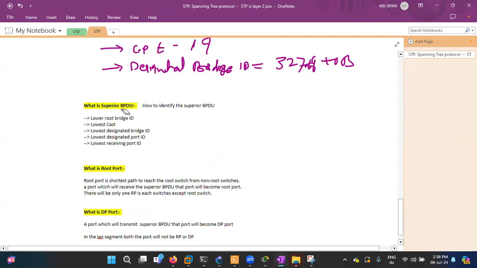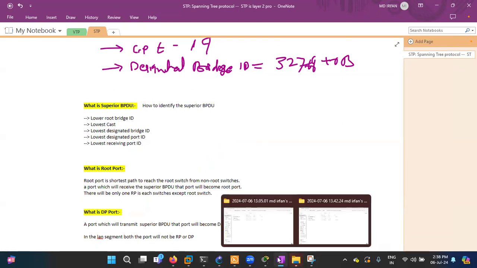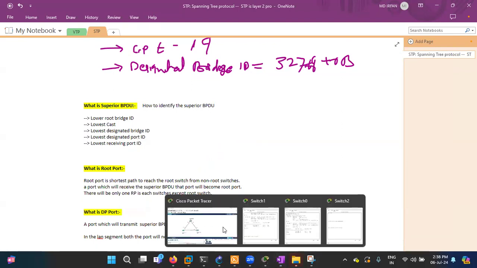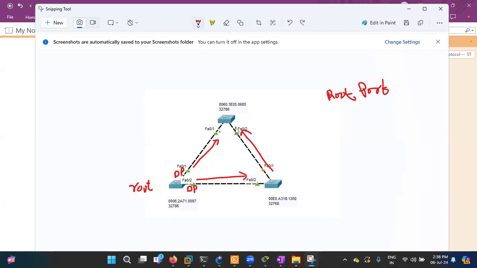Only one switch becomes the root switch, and that root information will be passed to all other switches. All switches know who is my root switch, right? Yes. Okay.